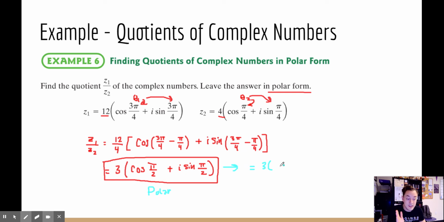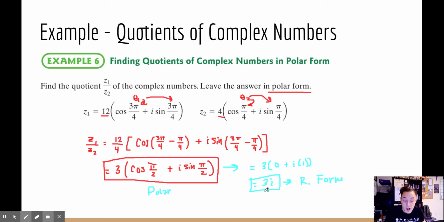So what's the x coordinate of your quadrantal angle of 90 degrees or pi over 2? That's just 0. And then what's your y coordinate of that? Well, that's just 1. So i times 1. Okay, so this actually equals just 3i. This is your rectangular form.